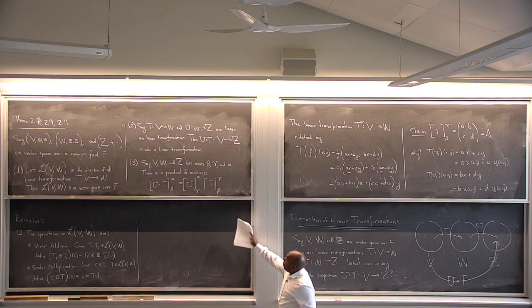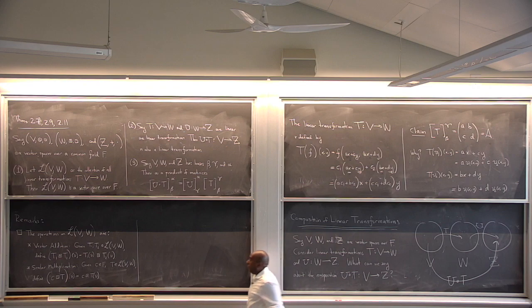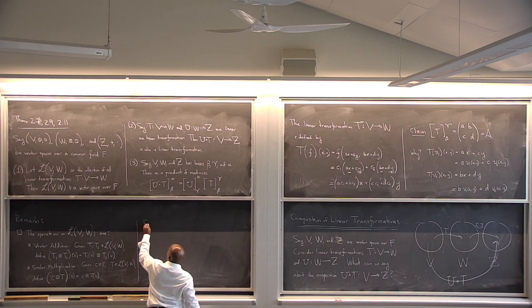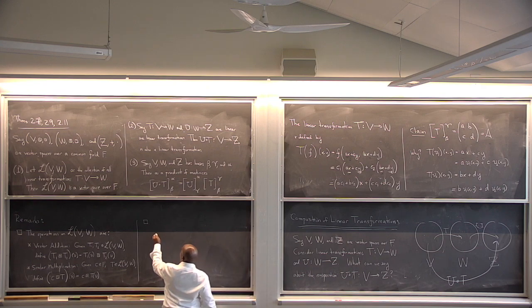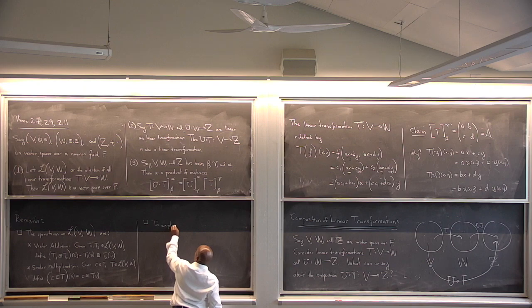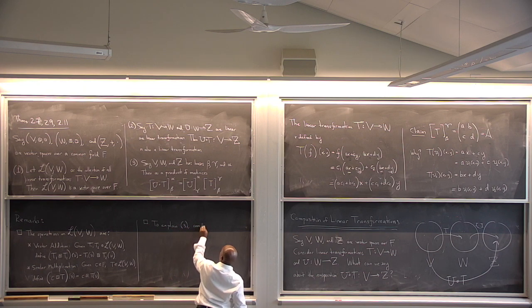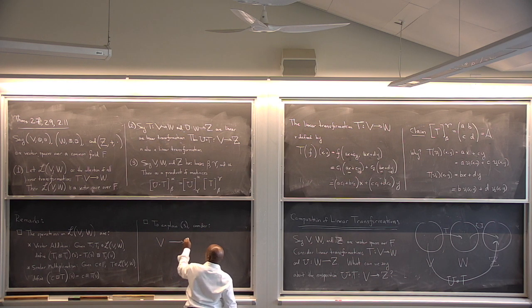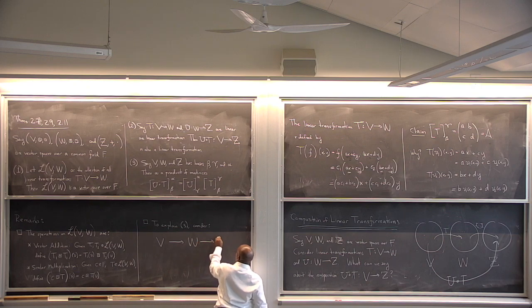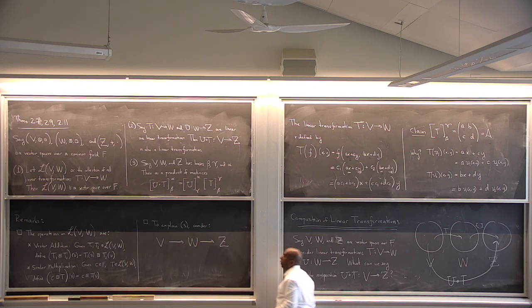Next, let me try to say a little bit behind what's happening here with statement 3. Now, there is a picture that explains what's happening here. So what we'll do here is let's write V, W, and Z here at the top.